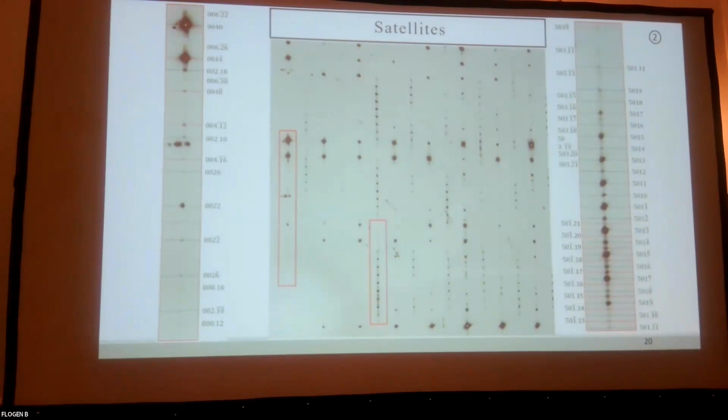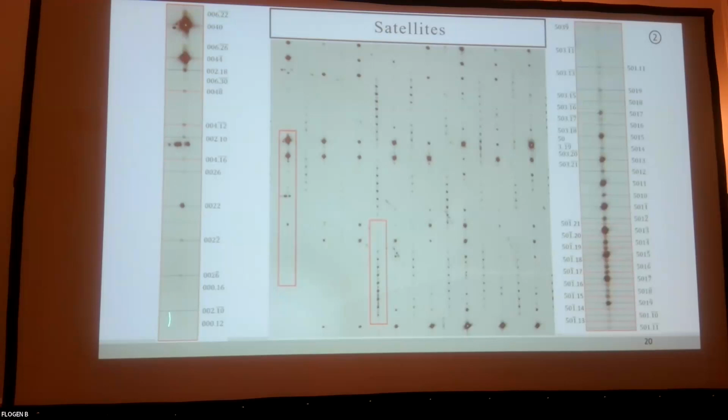And the reason is, though, taking a closer look here at the satellites, if you look here at the even rows, this would be the main reflection, and overlapping here, you actually get a satellite of the 22nd order.